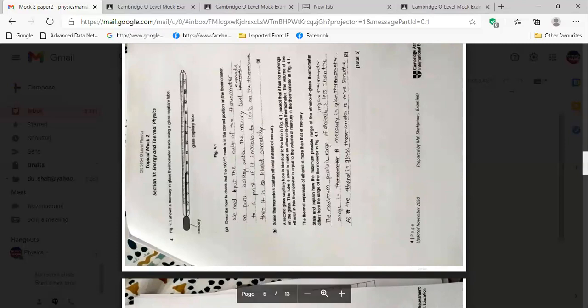Yeah, that's why I'm checking it. For using boiling water, 1 mark. Thermometer in boiling water, another mark. Mercury level at the 100 degrees Celsius mark is another mark. So, got it, right? Yeah.